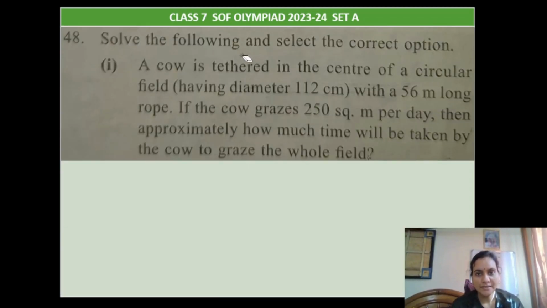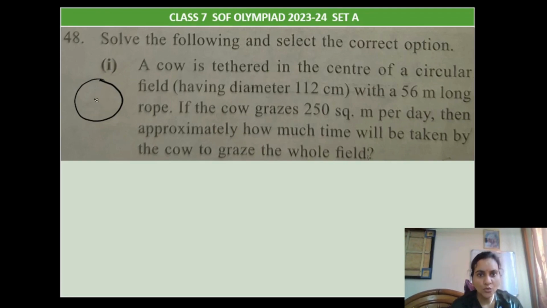A cow is tethered in the center of a circular field having diameter 112 centimeter with a 56 centimeter long rope. That means the cow is tied to a pole exactly in the middle of the circular field.